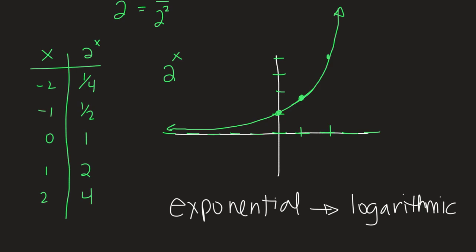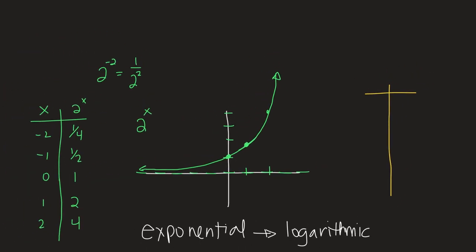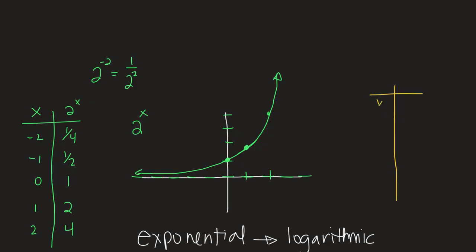Okay, so if we were going to graph its inverse, right, the inverse of it, so here we have, I don't even know what to call it, 2 to the x inverse maybe. We're going to switch your x's and your y's. So here we have 1/4, and then we have 1/2, and then we have 1 and 2 and 4. And then here we have negative 2, negative 1, 0, 1, and 2, right?